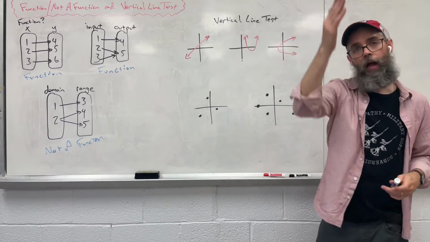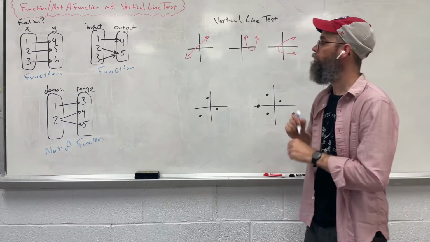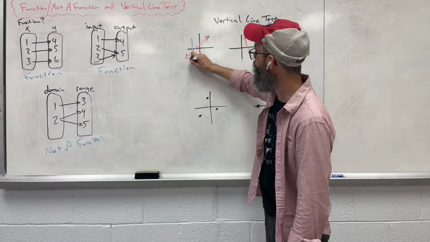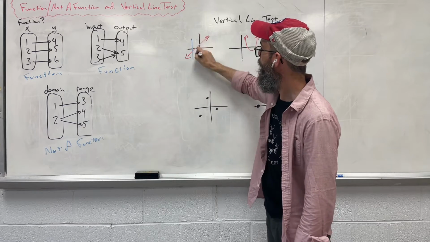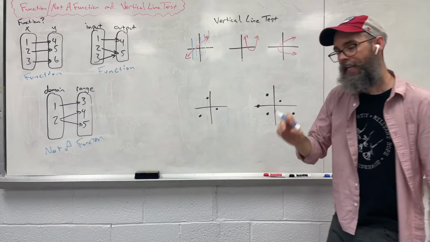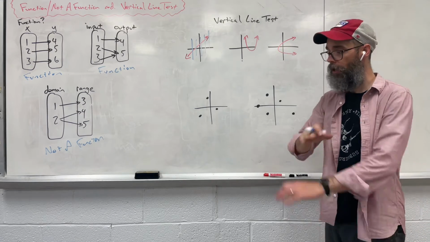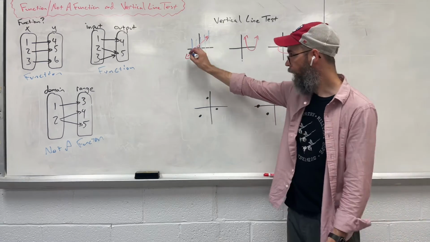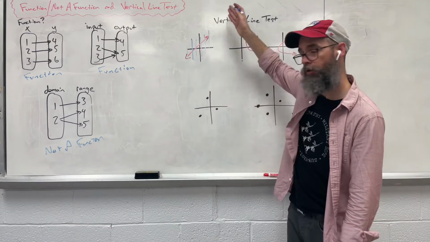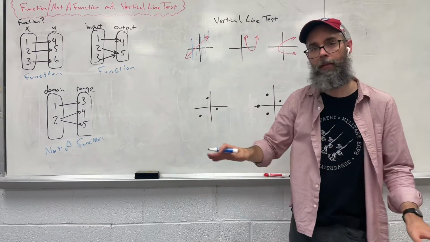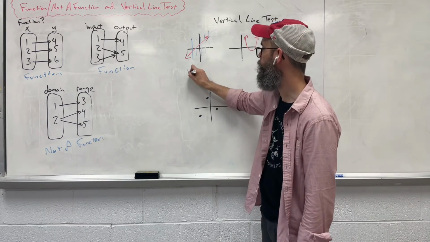Vertical line, a line that goes up and down. So if I draw a vertical line anywhere on the graph, if I ever hit more than 1 point, not a function. So I can draw these vertical lines all over in this first graph, never hit more than 1, we have a function.